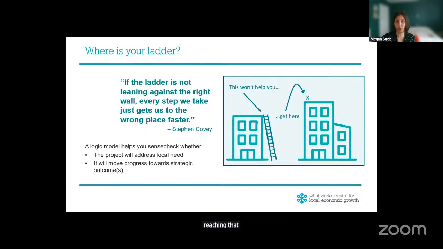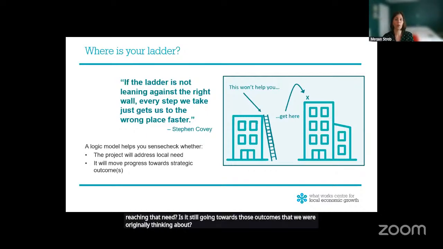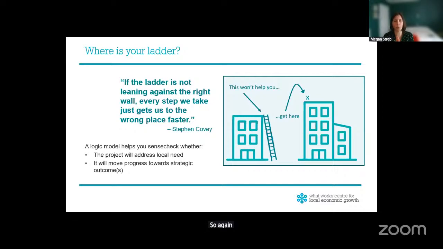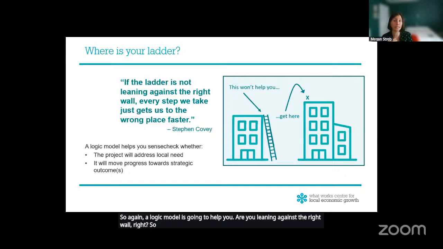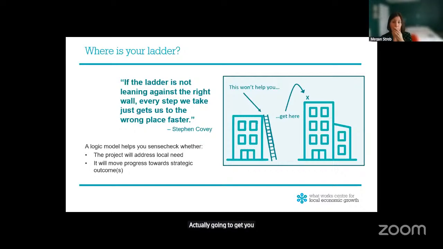Is it still going towards those outcomes that we were originally thinking about? So again, a logic model is going to help you. Are you leaning against the right wall, right? So are you really clear about what that change is that you want to see? And do you have the right steps in your ladder in order to get you there, right? Are the inputs, activities, and outputs actually going to get you there and over that wall?